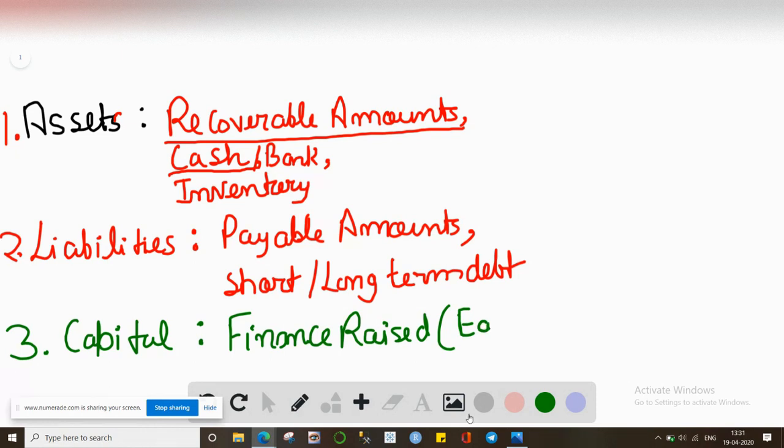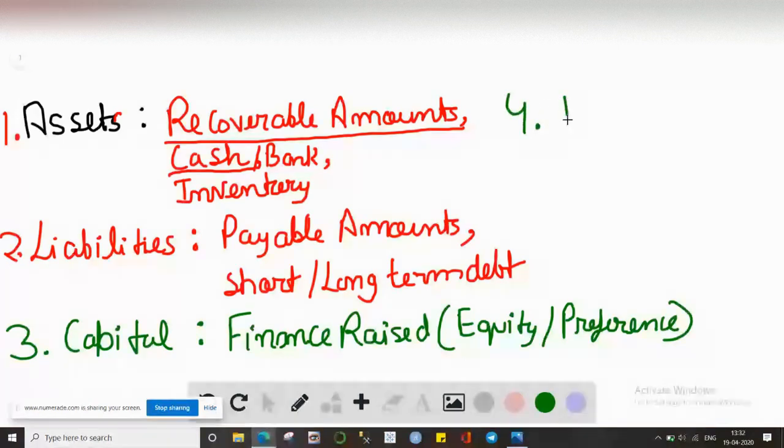Equity. You can write it down so that you can revise at a later point in time whenever you get time to do it. Okay, so next is expenses.